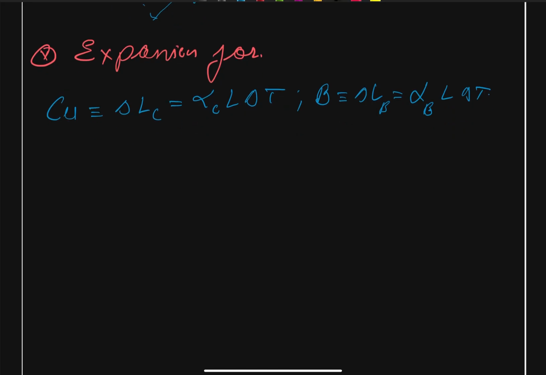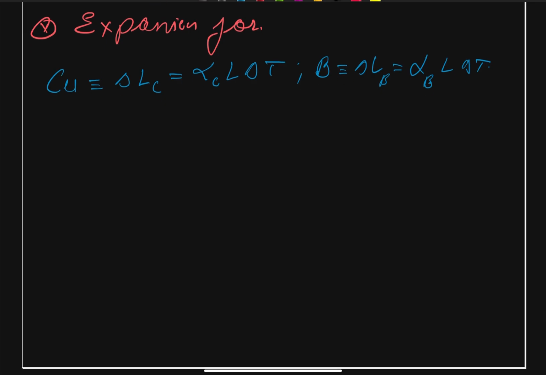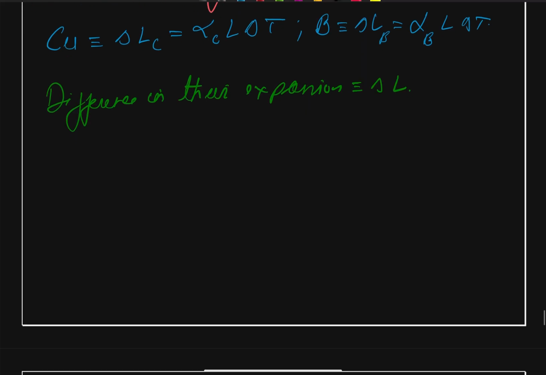Therefore we can find out that the difference in their expansion in length, let us suppose that is our delta L. Therefore we can write that our delta L will be equal to delta L_C minus delta L_B.